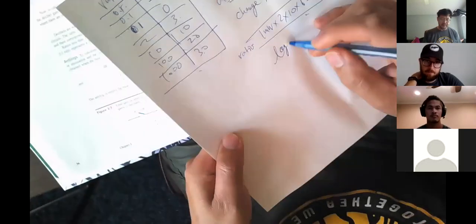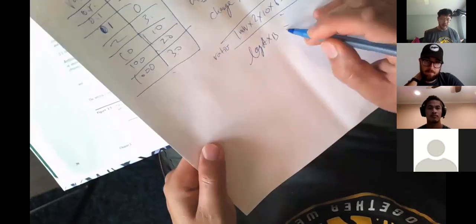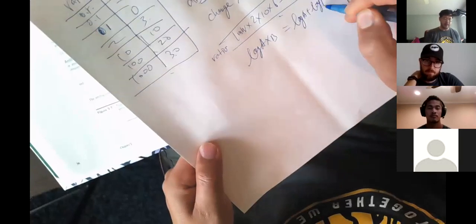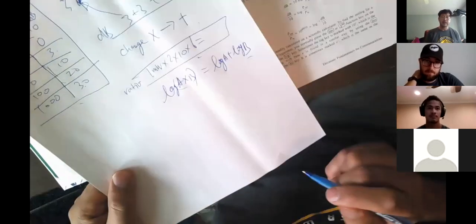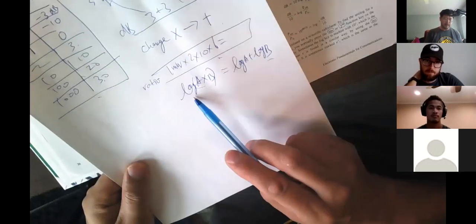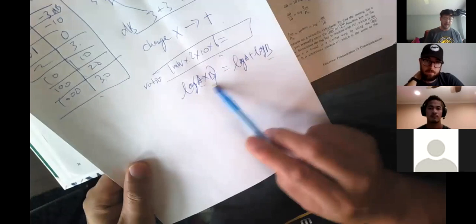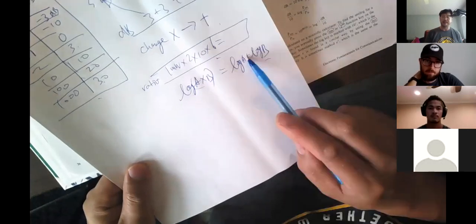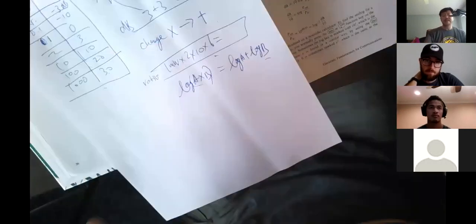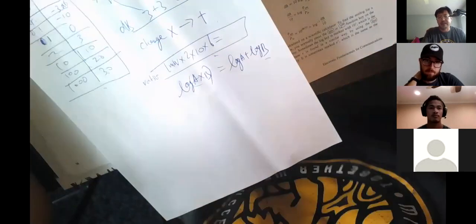Log A multiply B equal to log A plus log B, right? Anybody know this equation, right? Your math professor probably already told you. So this logarithmic function will convert the multiplications of A and B into additions of the logs. Because of this math foundation, we engineers are built on top of math.